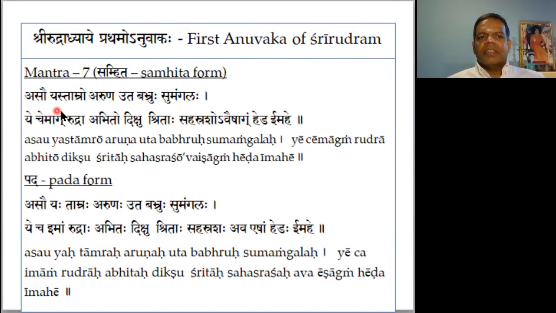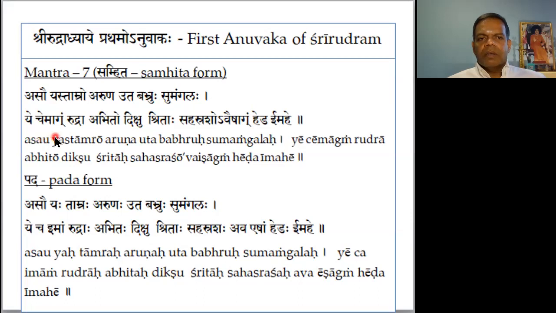Asau yastamro aruna uta babhru sumangala.